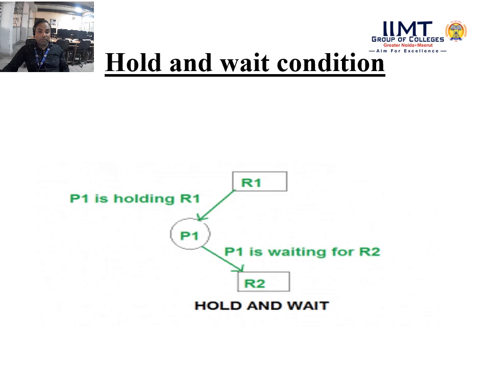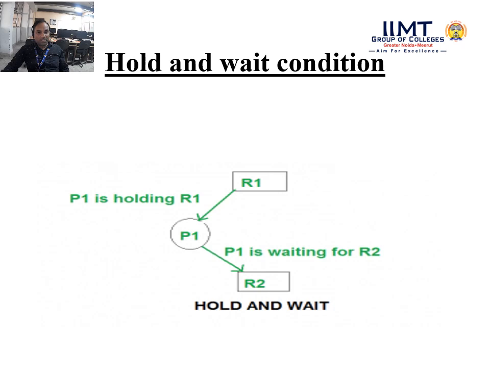Now, the process P1 is holding the resource R1 and it is requesting the resource R2, and it may be that R2 is given to another process. But I am talking about a single process which is holding the resource R1 and waiting for R2 for its execution.